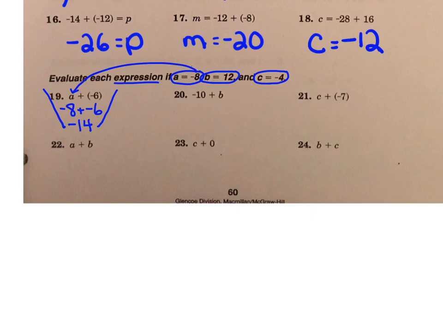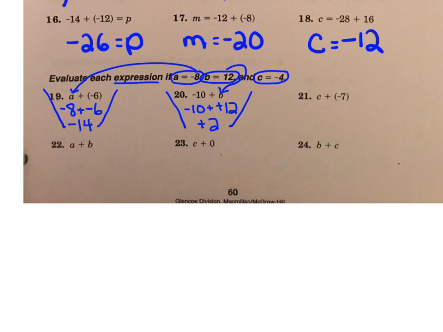We see we've been given -10 plus B. Let's substitute a +12 for B. -10 plus a gain of 12. Well, we have to subtract. We should get a +2, simplifying our answer to a +2.